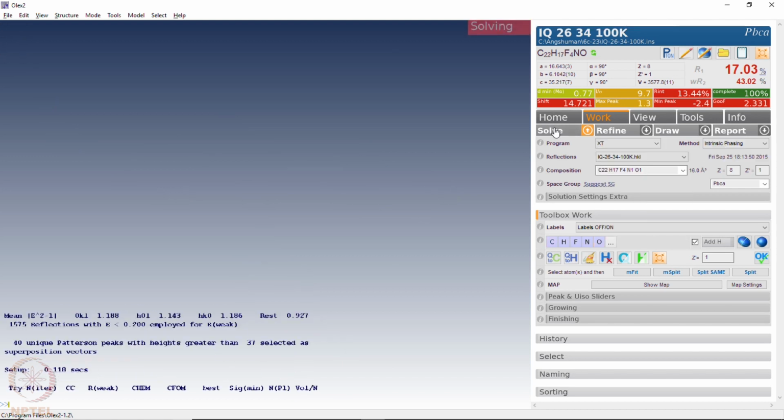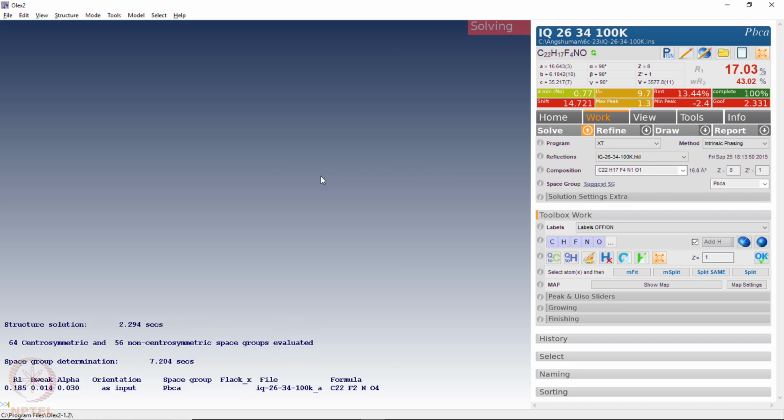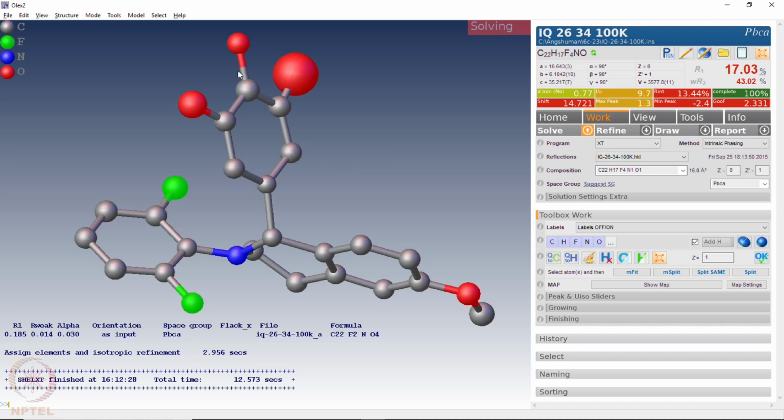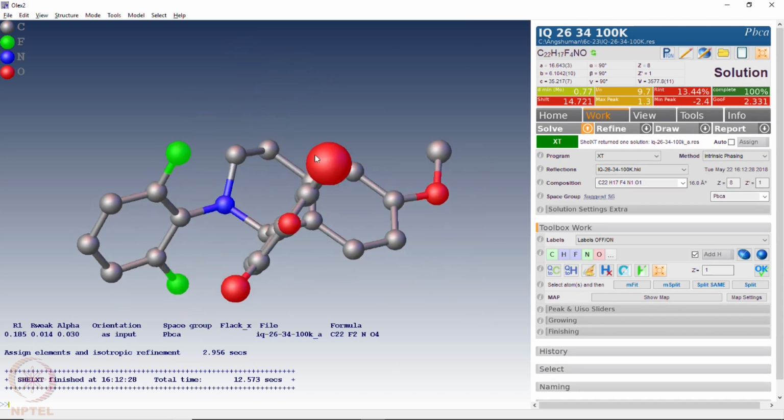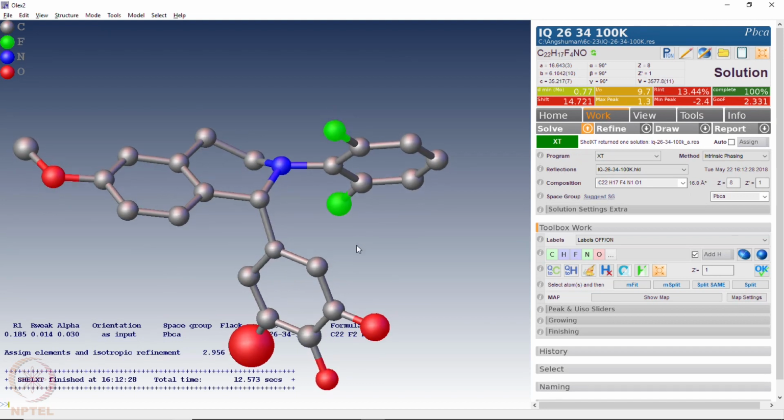On trying to solve it using direct methods, it will quickly give you a structure which is the starting model for this solution, where you will see that the molecule is coming with one very large ellipsoid, another small ellipsoid and a very small ellipsoid here.